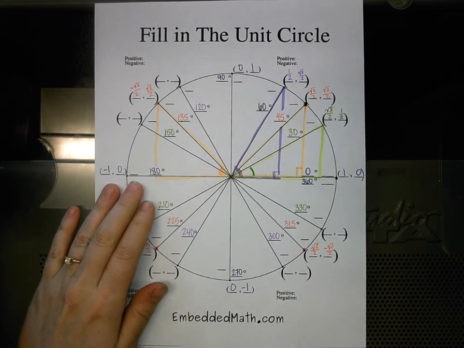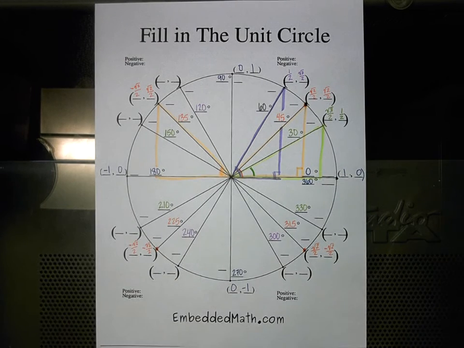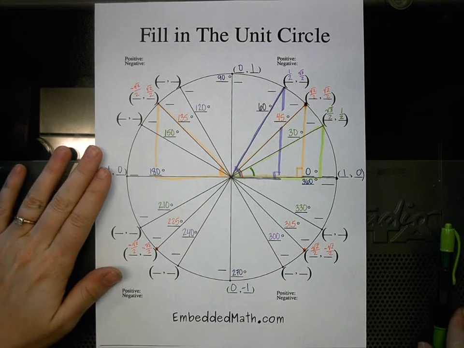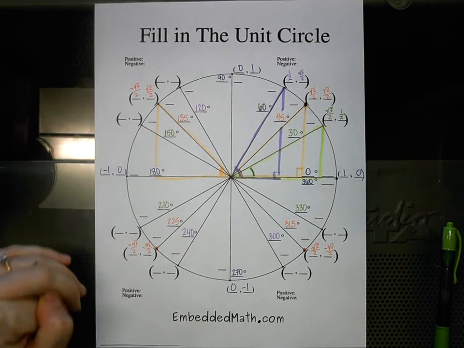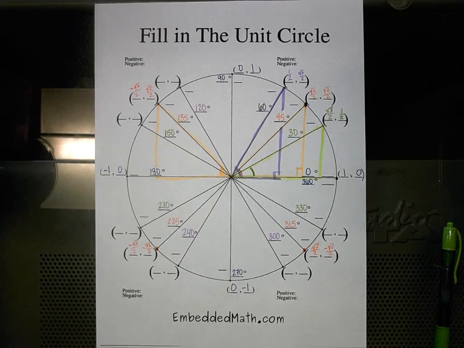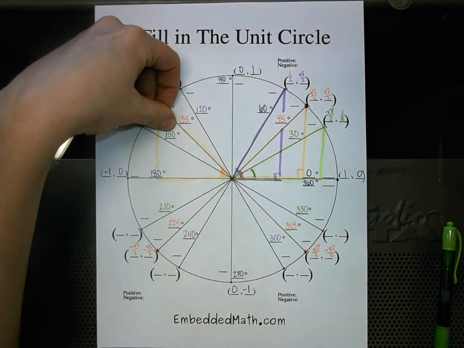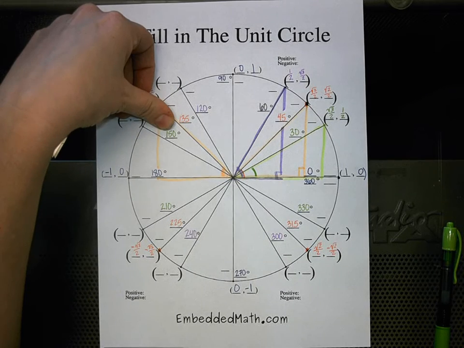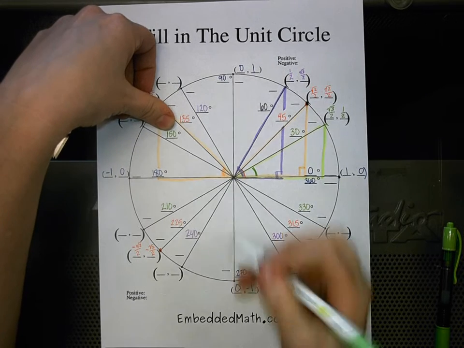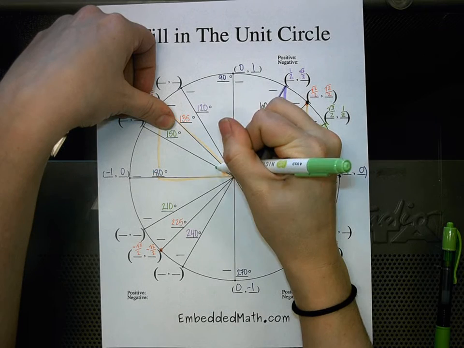Okay, be very careful. You want to reflect the correct triangle that matches with the same reference angle. So, 150, what's the reference angle of 150? 30. 30, because it's 30 degrees away from what number? 180.